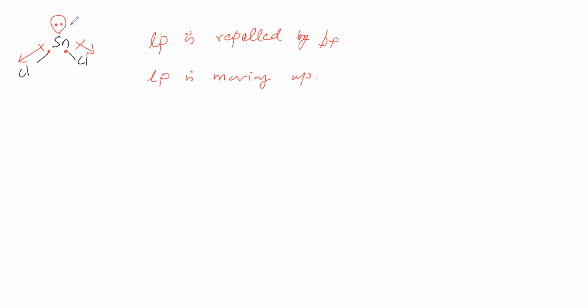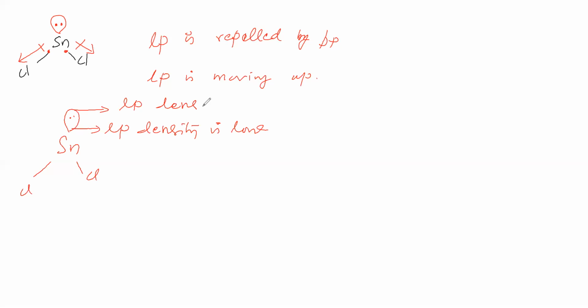Lone pair moving up means we should see how the lone pair density will be. At this place the lone pair density is low. At this place the lone pair density is high. Therefore, this has a dipole moment.